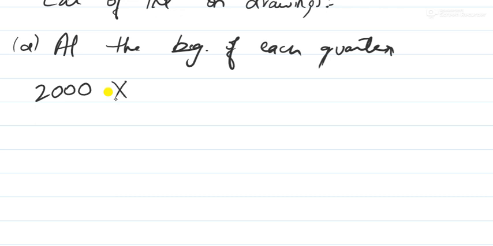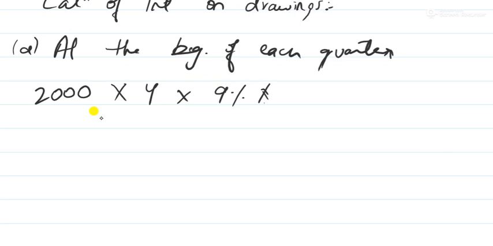So we don't multiply the drawings by 12 but by 4, into rate of percent 9%, into 7.5 by 12. So 2000 into 4, 8000 into 9% divided by 12 into 7.5.